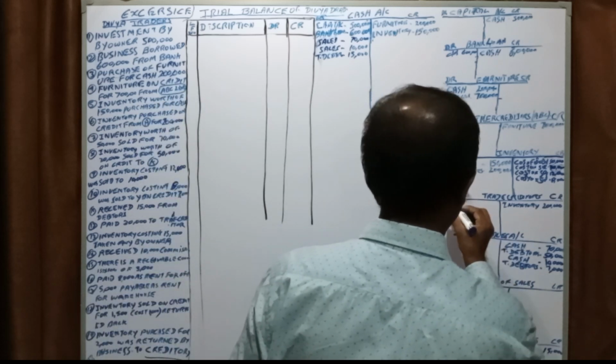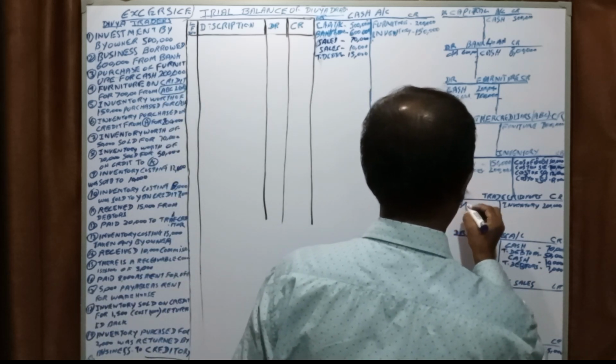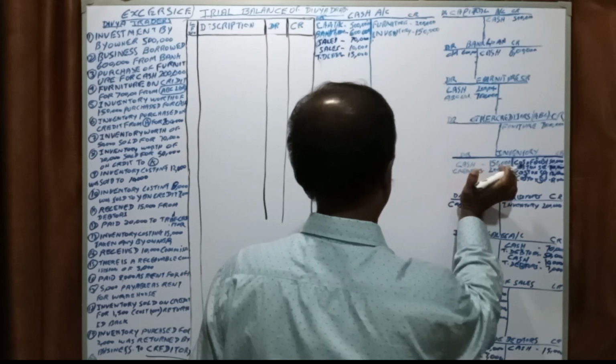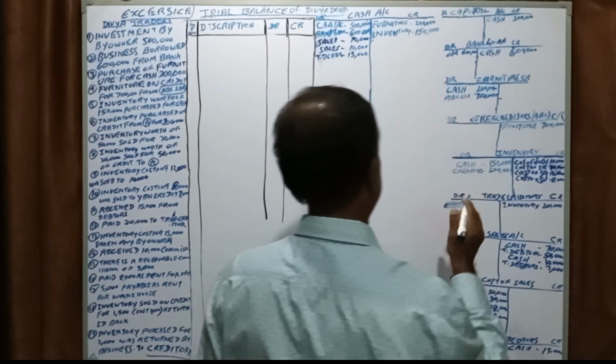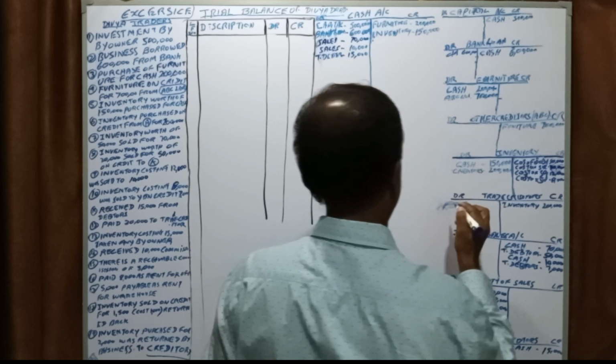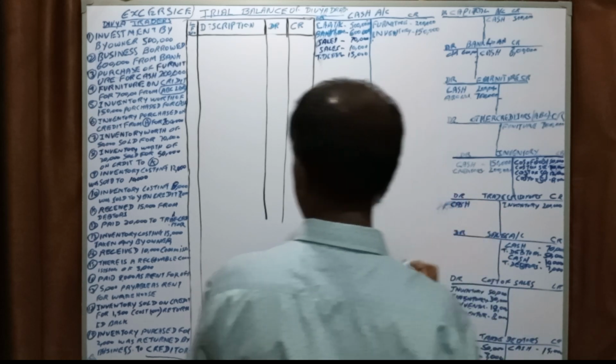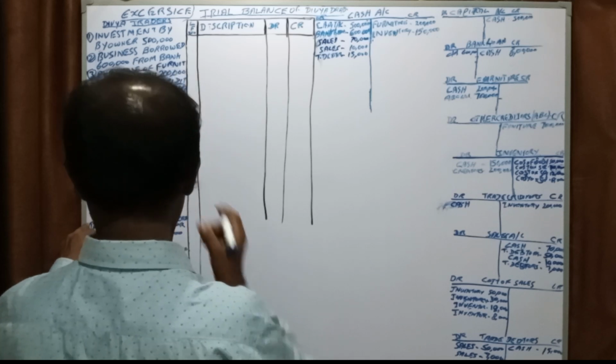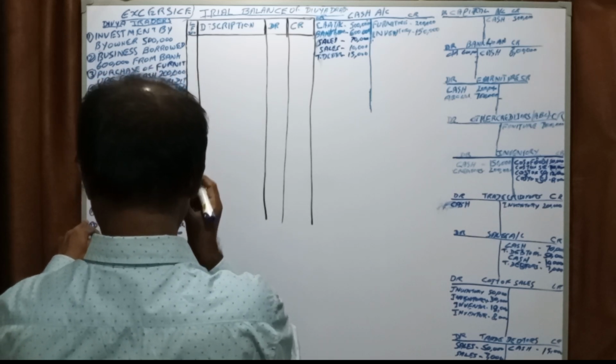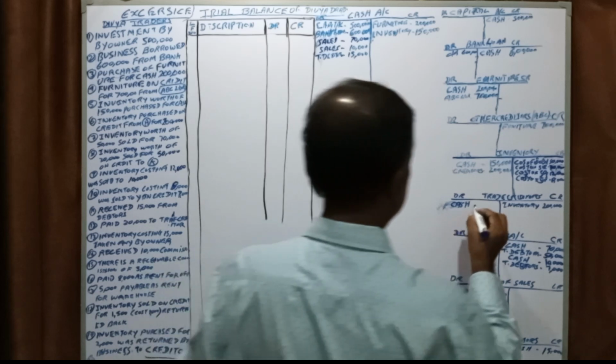Trade creditors, cash. Paid 20,000, right?